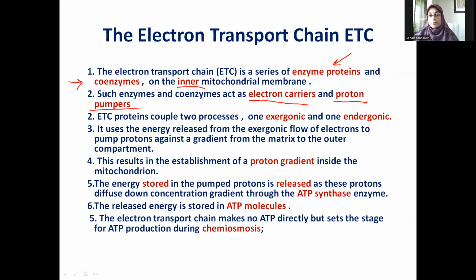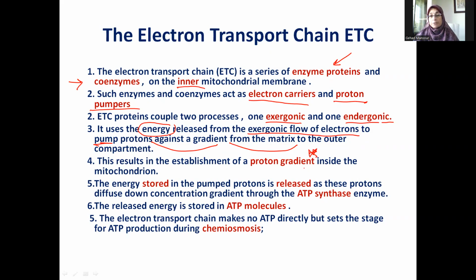It couples oxidation with reduction, or exergonic processes with endergonic processes. And the energy that is released from the exergonic flow of electrons is used to pump protons against concentration gradient from where to where? From the matrix to the outer mitochondrial space.